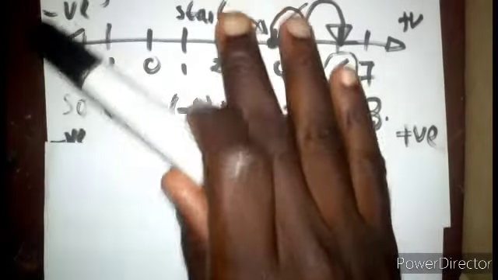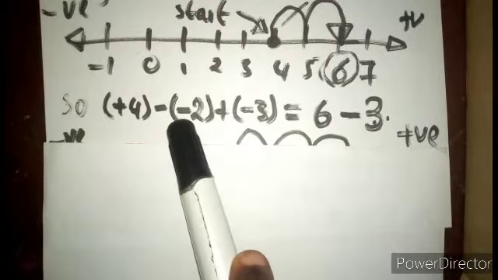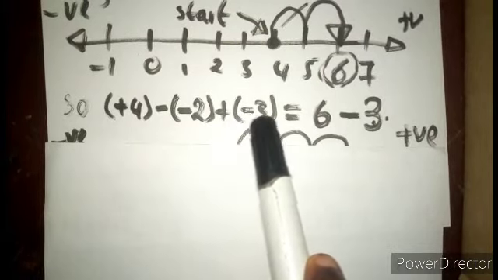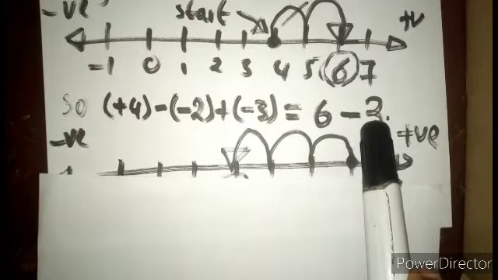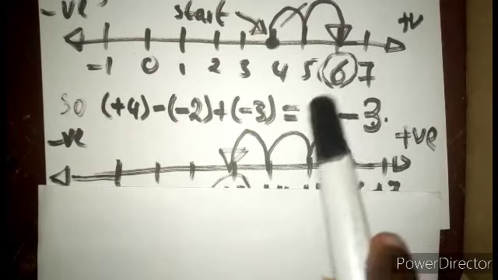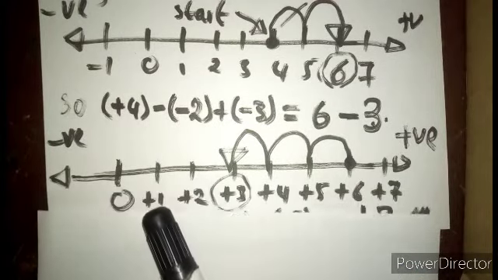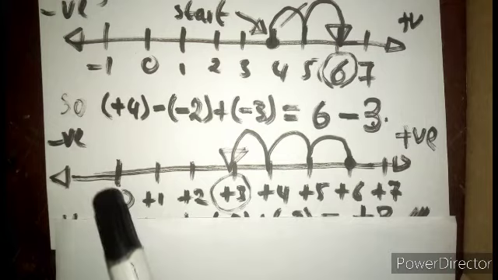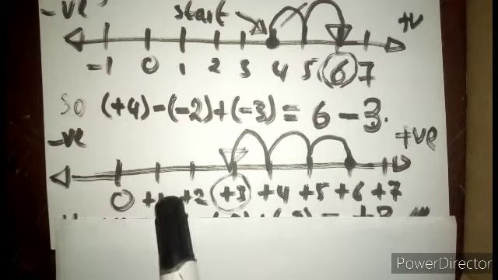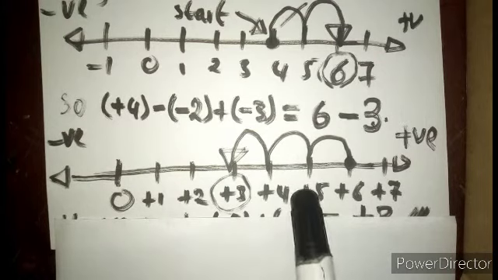So positive 4 minus 2 plus minus 3 becomes 6 minus 3. Okay, to find 6 minus 3, we construct a second number line where the neutral point is here. 1, 2, 3, 4, 5, and so on.